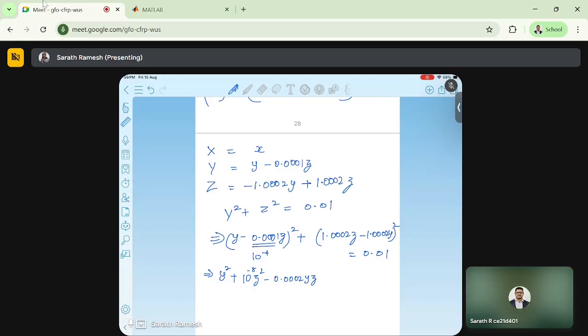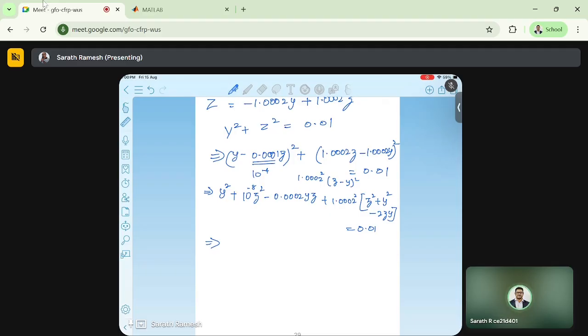Similarly, here I would have taken 1.0002 common. So 1.0002 square times z minus y the whole square will be there. So plus 1.0002 the whole square times z square plus y square minus 2zy equal to 0.01.